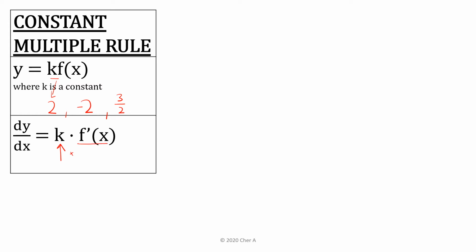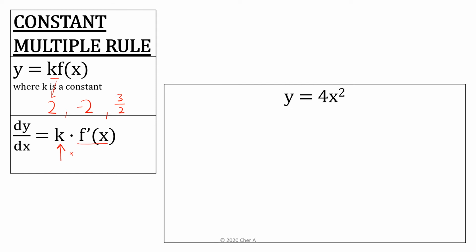Let's look at an example. y equals 4x squared. 4 here will be our k, the constant. x squared will be the function of x. To differentiate this using the constant multiple rule, we keep the constant 4 multiplied by differentiated f(x).